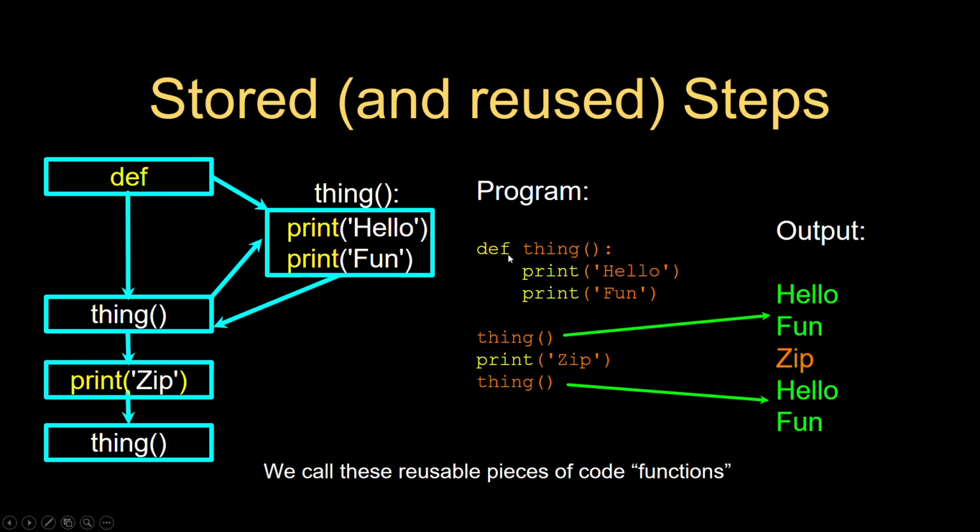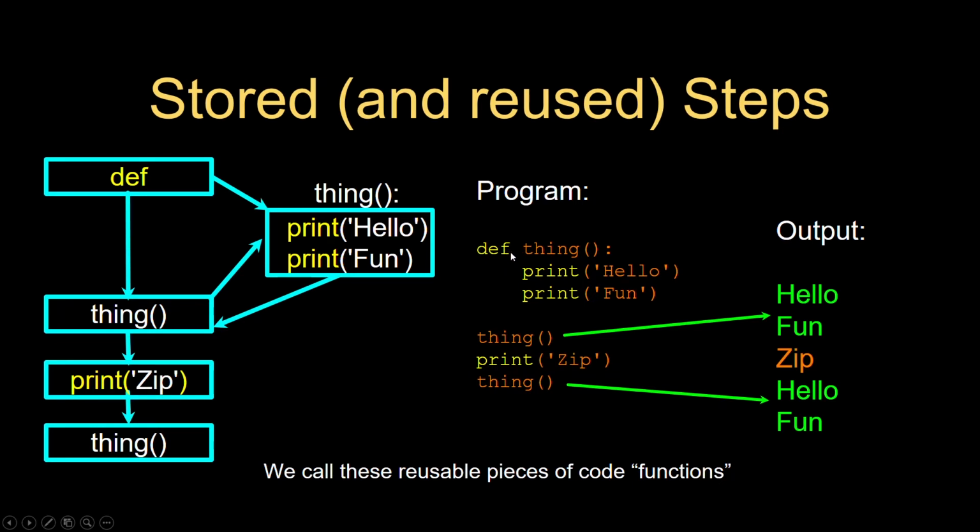After the keyword def, we have a name, okay, and then we have opening and closing parentheses, and then a colon. And then after that, in the following lines, there are a number of statements that are indented. So there is an indentation as compared to the body of the function.